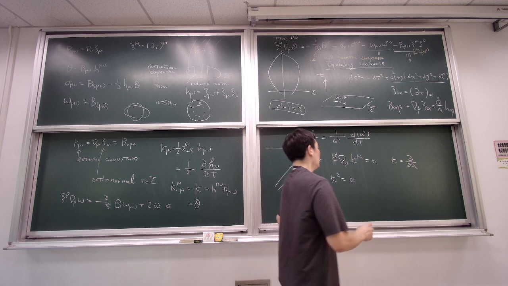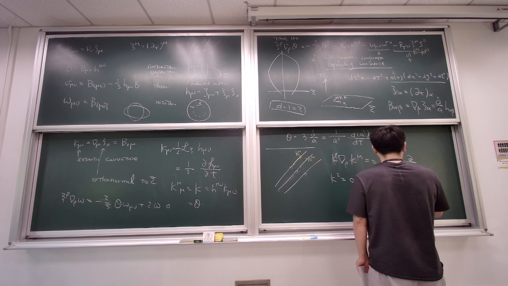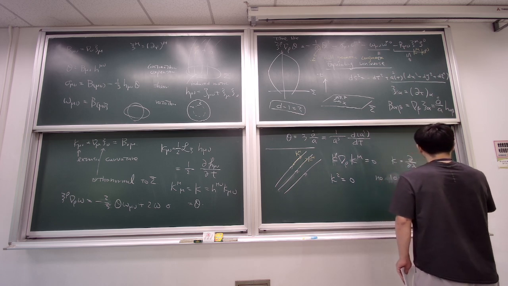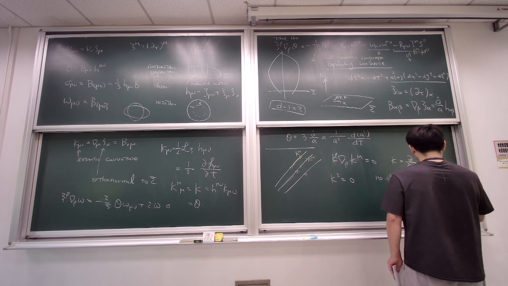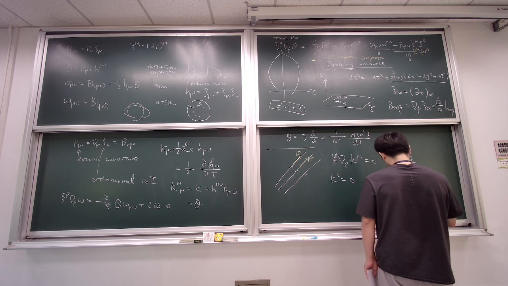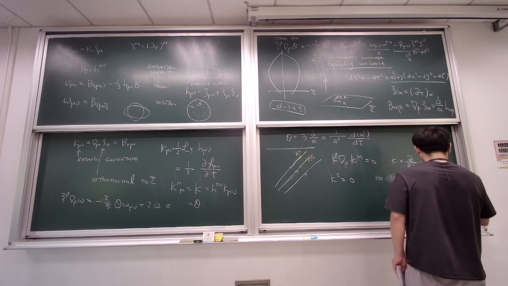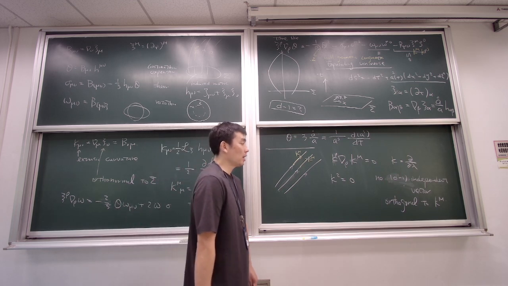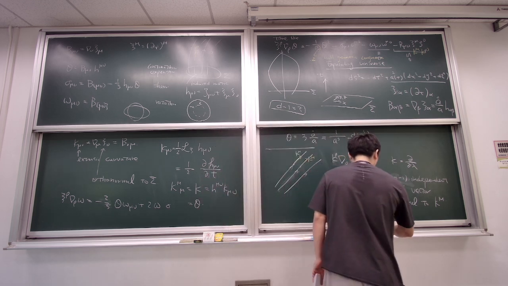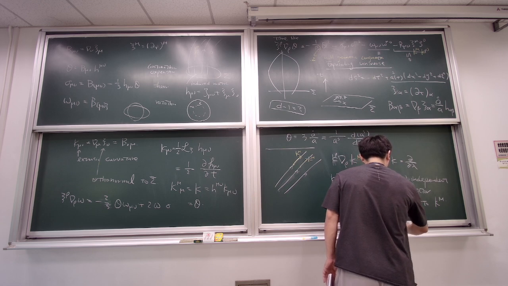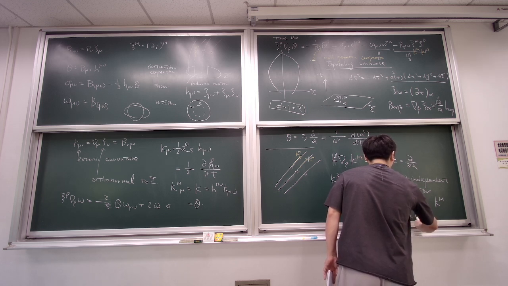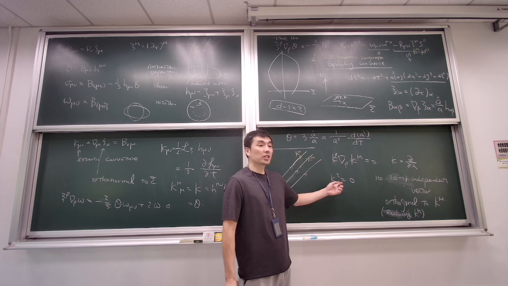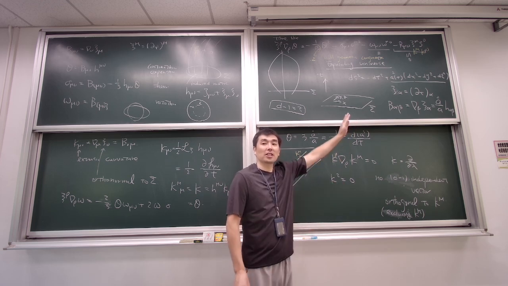So k is the tangent to this geodesic, and it is also orthogonal to itself because k squared equals 0. So there are no d minus 1 independent vectors orthogonal to k mu, excluding k mu itself, because k mu is also orthogonal to itself since k squared is equal to 0.